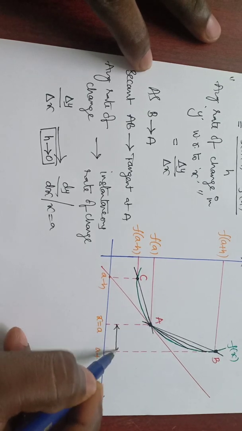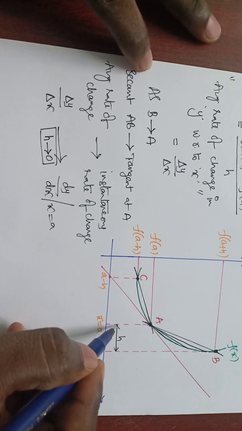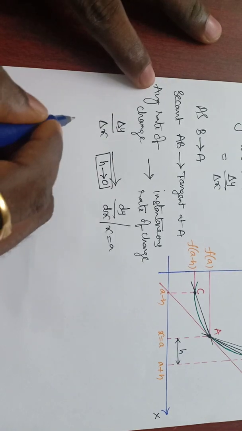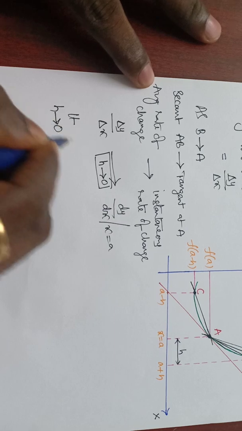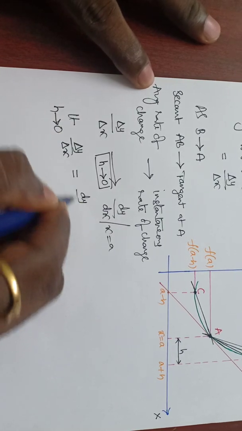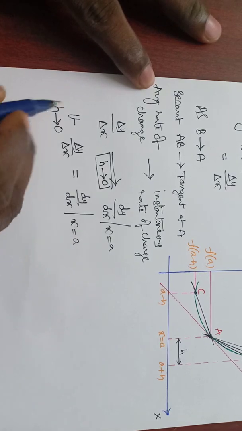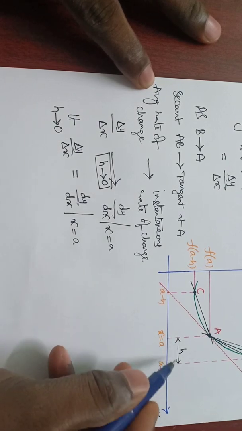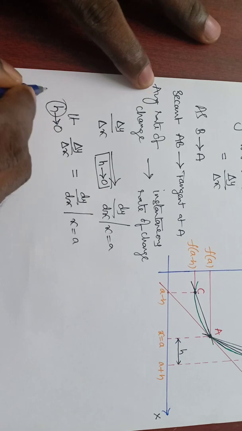Clearly this is h. So it can be written as limit h tends to 0 of delta y by delta x is equal to dy by dx at x equal to a. Here h is the difference between the x coordinates, which is also known as delta x.